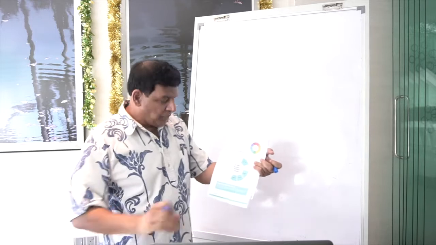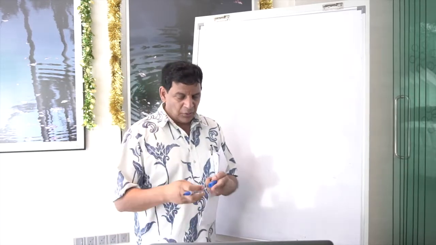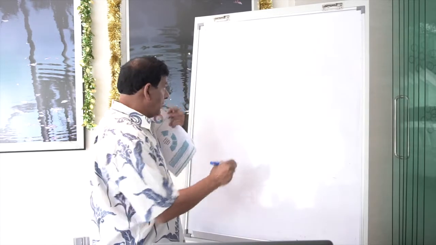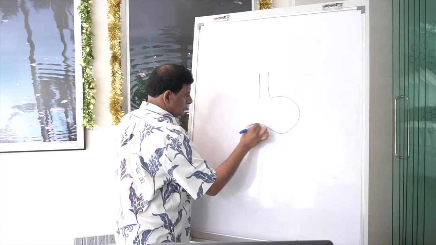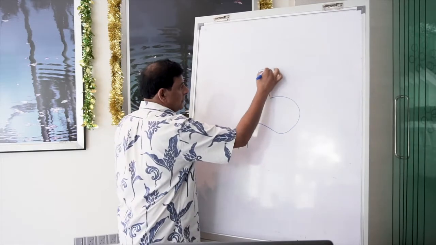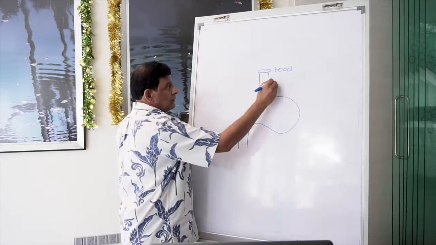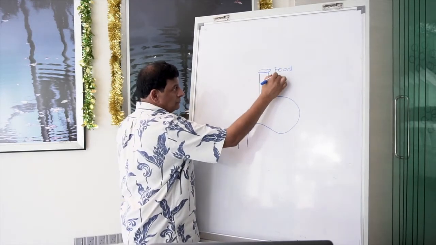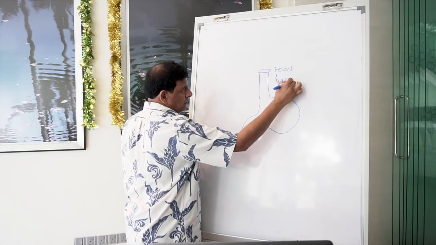When we see a vitamin B12 deficiency, this is how, as a doctor, I look at it. Okay, this is a gut. You're having food, okay, and the food goes down and it absorbs, let's say, vitamin B12.